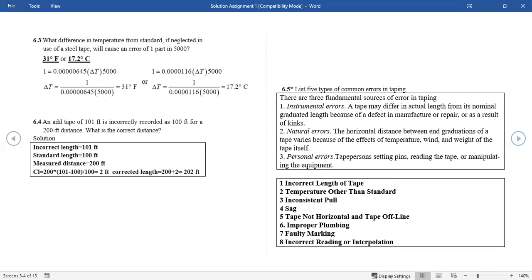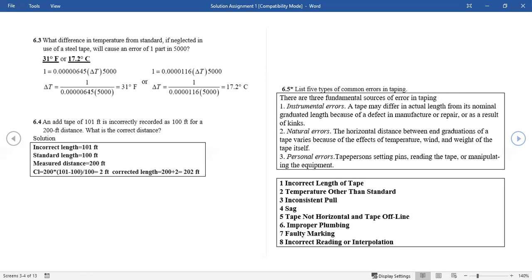In question 4, you have been asked that you have an incorrect tape length, that is an additional tape of 101 feet, and then you have measured 200 feet distance. So again, the formula for correction in incorrect length is applied.